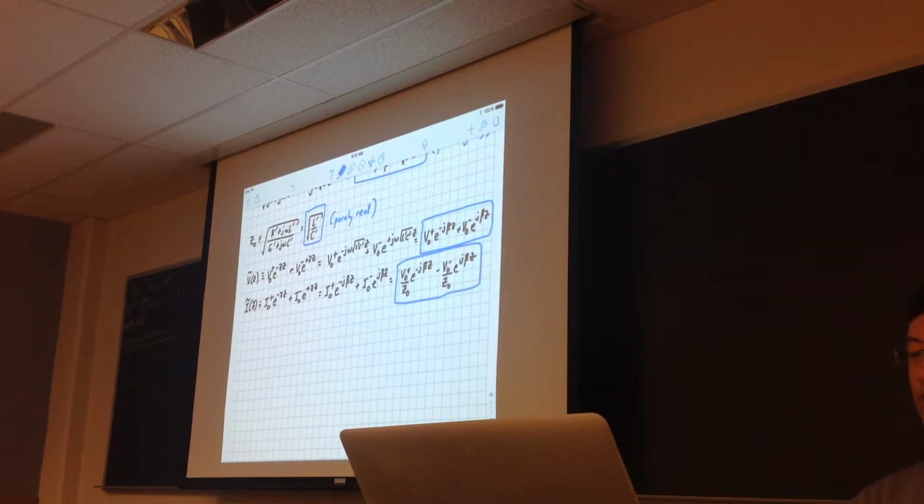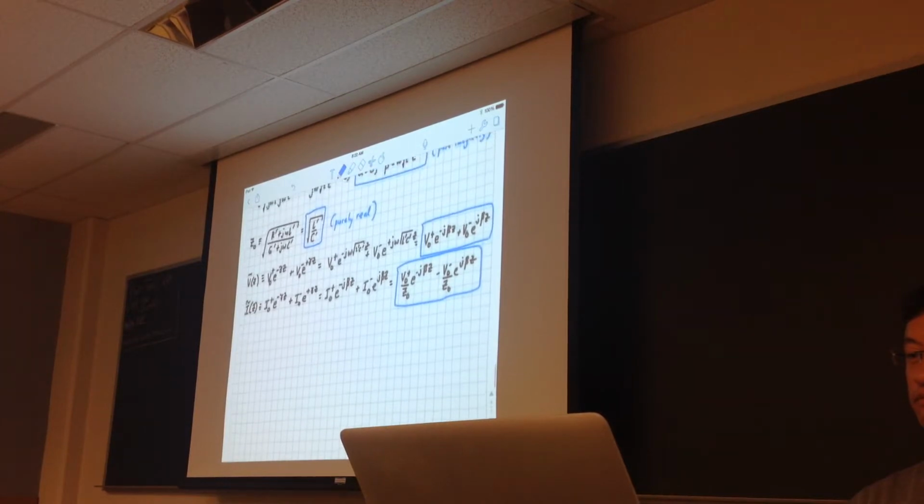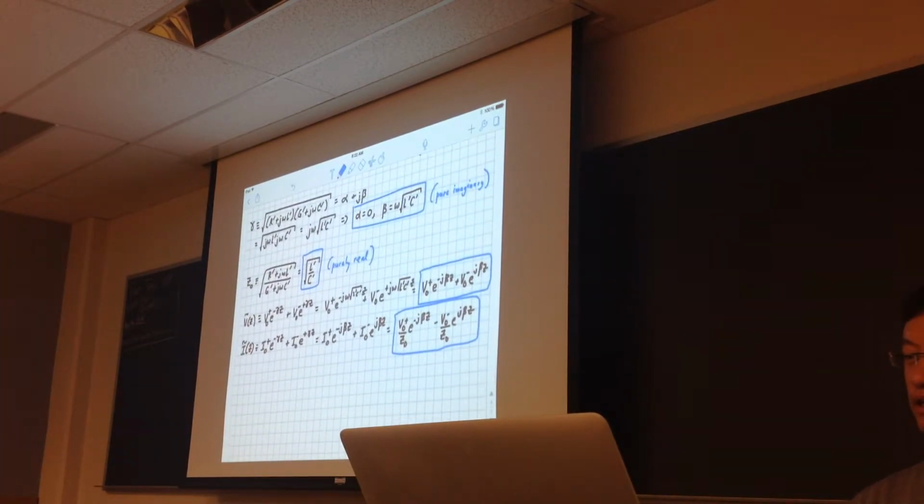So in terms of voltage and current, assuming we know our frequency and our transmission line parameters, then we know beta. And from L and C, you get Z naught.